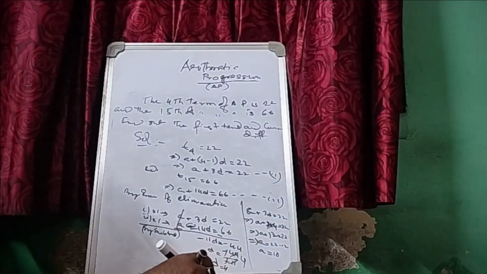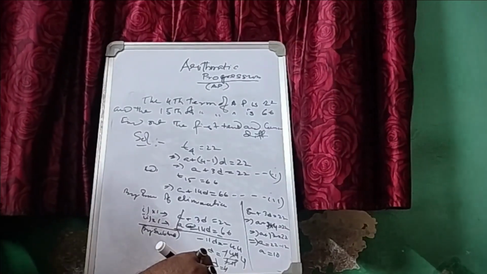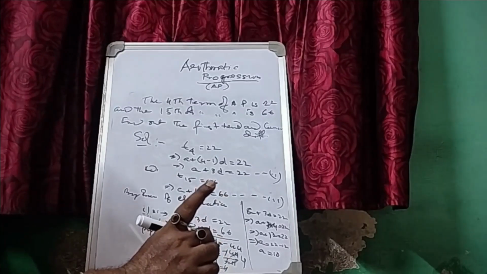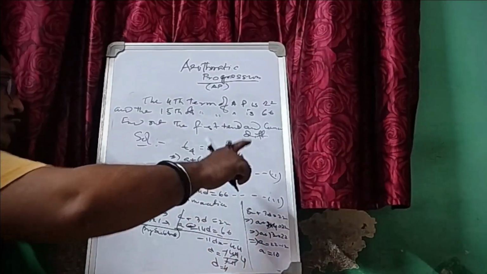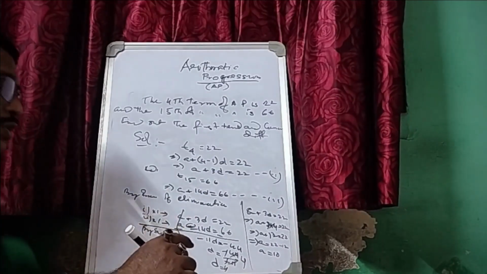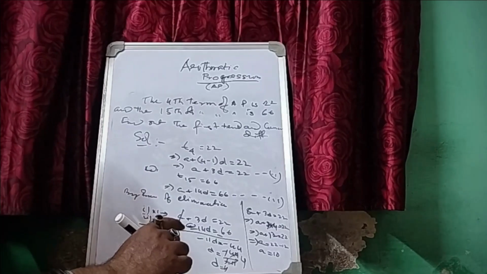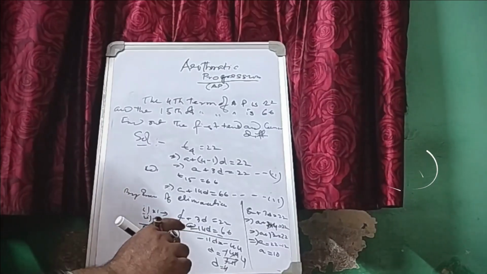This is the solution of this problem. Problems may vary, but mind it, your formula for finding the nth term and the summation of the n terms of an AP will be the same in any case.